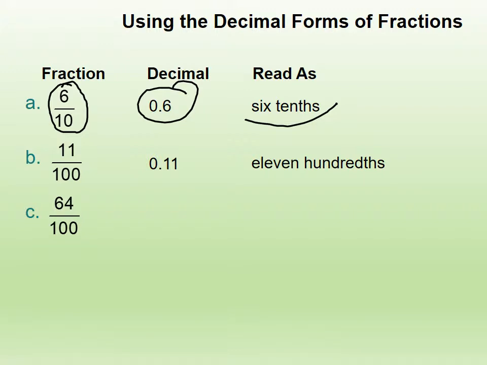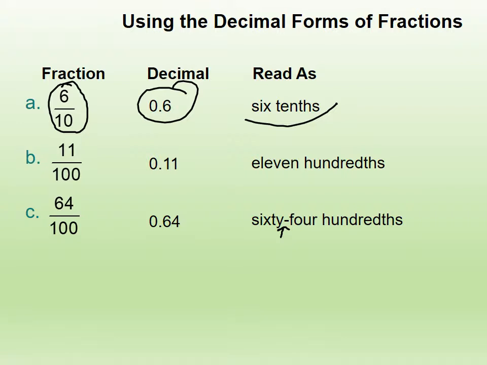64/100, Carlton, what do you think the decimal part of it is going to be? 0.64. Okay. Sean, do you want to give it a shot and see how you would say that? Sixty-four hundredths. Good job. Oh, look at this coming back in. What did we call that? A hyphen. Good job.